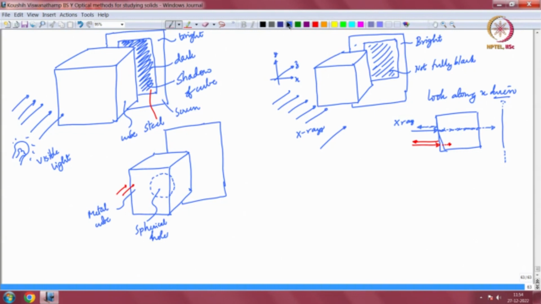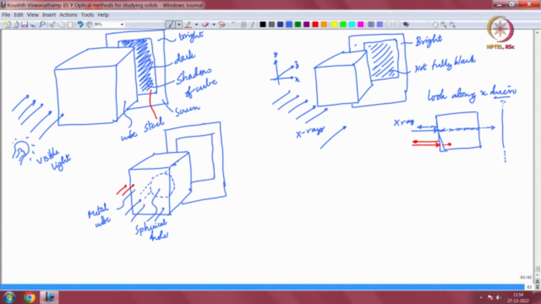On the other hand, if you passed X-rays, remember we said that these X-rays are getting absorbed as they go through the material, and they also come out through the other end and they are transmitted out. So, you see a grey image.